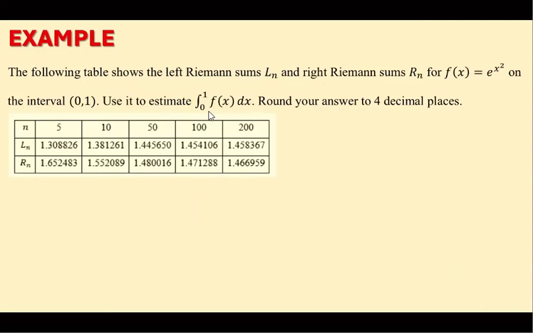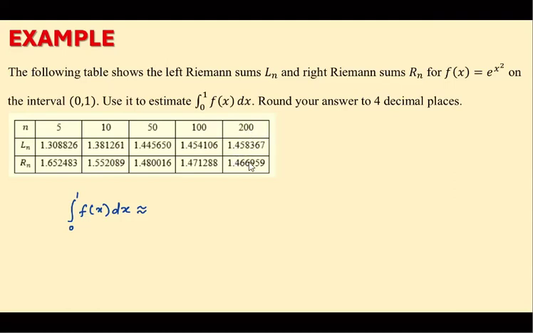The definite integral from 0 up to 1 of the function with respect to x is approximately equal to, because Riemann sum will give approximation, and approximation is better if we have the midpoint Riemann sum with higher n. So n equal to 5, n equal to 10, they will not give you the better estimation. If we go to n equal to 200, higher n will give better estimation.